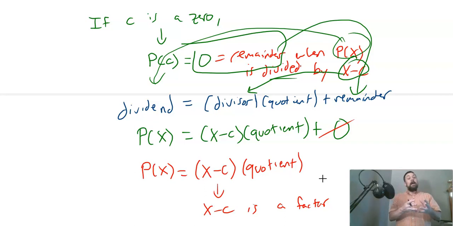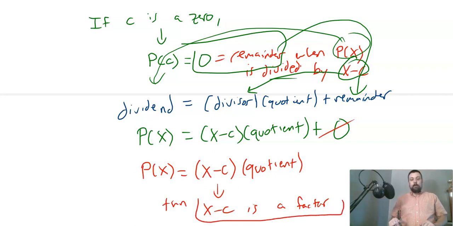We will need to use that for some of these problems. So if we identify c as a 0, we can use that to factor our polynomial. X minus c would be one of our factors according to the factor theorem, but the other factor is going to be the quotient from that division when x minus c is divided into the polynomial.